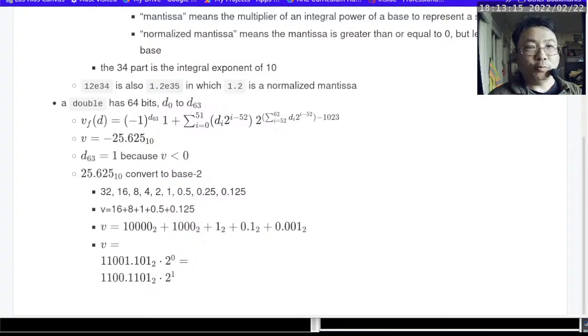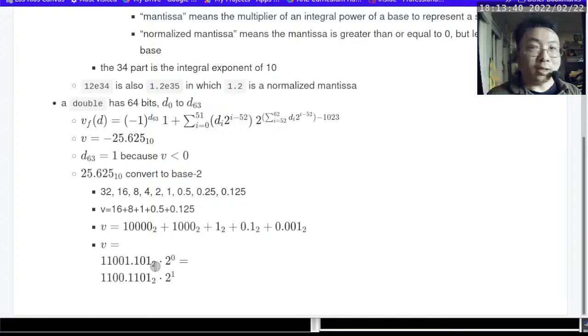Because when we shift the binary point to the left, we are effectively dividing the mantissa by 2. Just like when you move the decimal point in a base 10 number to the left by 1 position, you're dividing that number by 10. So in this case, because this is in base 2, we are dividing it by 2. But I want to preserve the same value. Look at all these equal signs here.